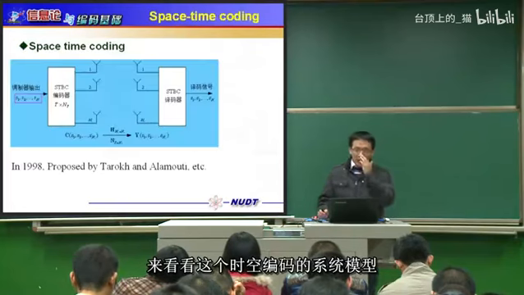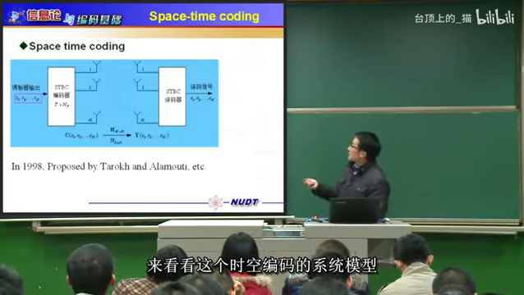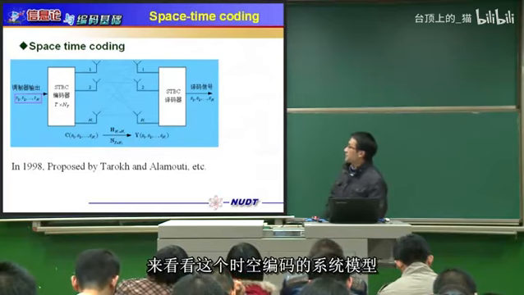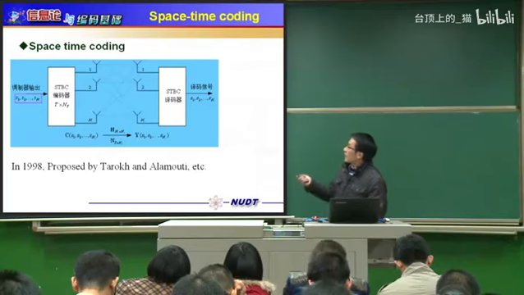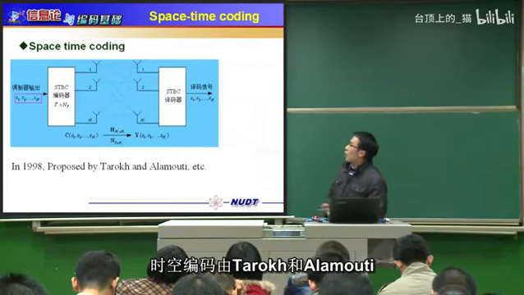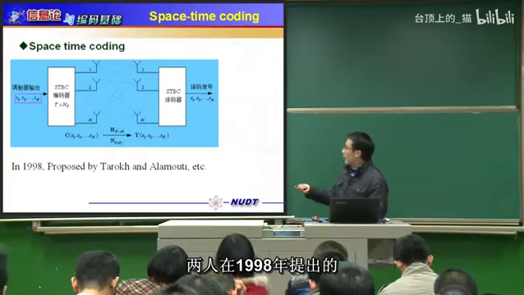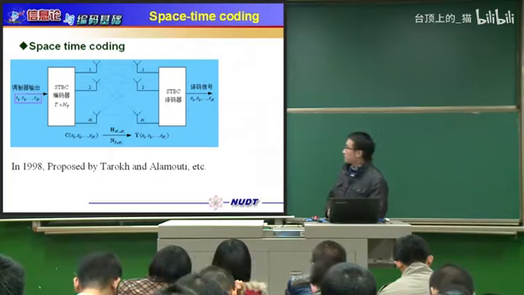Okay, let's see. This is a system model of space-time coding. Space-time coding was proposed by these two persons, Tarokh and Alamouti, in 1998.